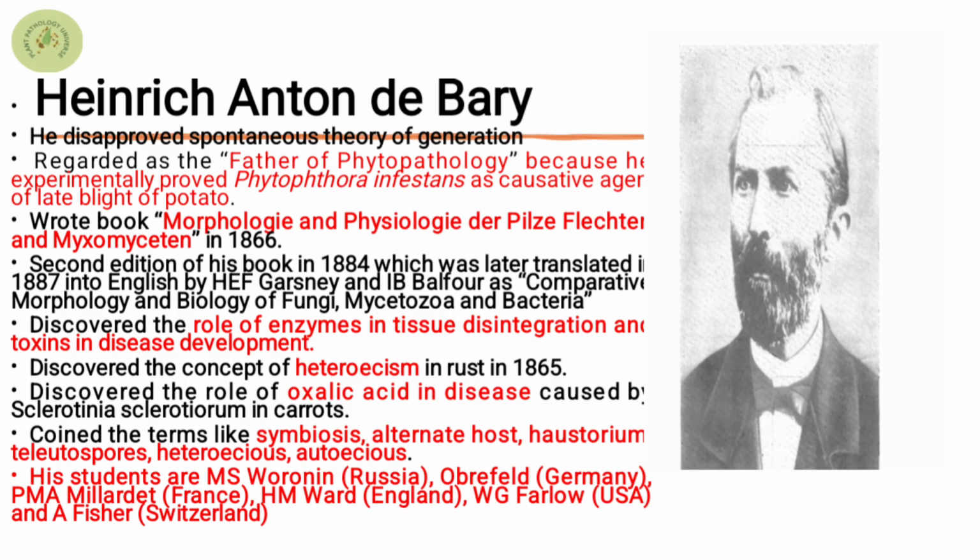So here you can see heteroecism and autoecism. Autoecism means the rust is confined to one host only, that is the primary host. Heteroecism means the rust requires two different hosts, the primary host and the alternate host, to complete its life cycle, right? Symbiosis, everybody understands, is a kind of symbiotic or mutualistic relationship between a fungus and a higher plant. Okay.